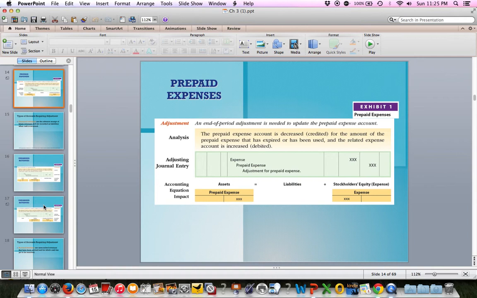We could prepay for rent or prepay for insurance, and then through the passage of time, the prepaid asset goes down and the expense increases. So we credited the prepaid asset, and we debited expense, which makes equity go down. So asset goes down, and equity goes down in an equal amount.